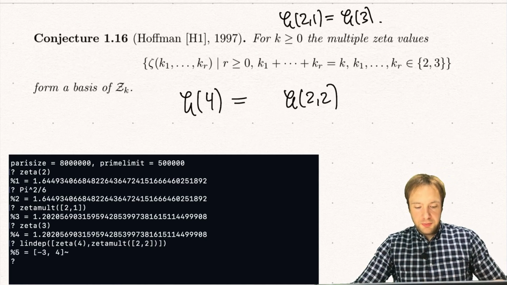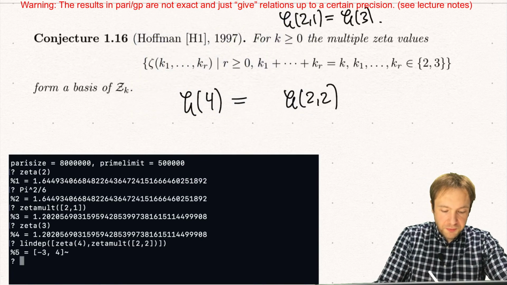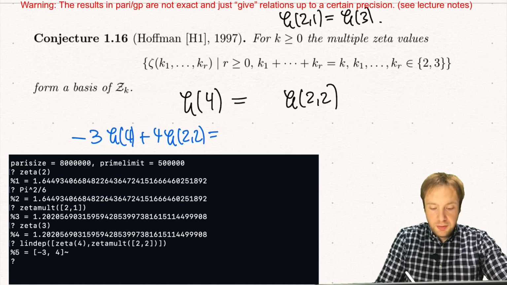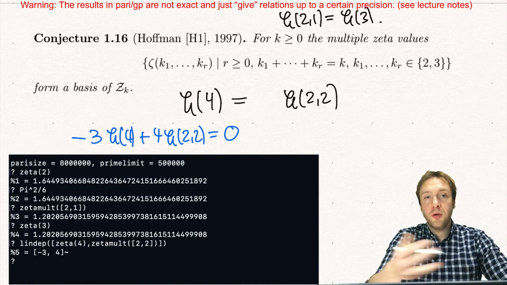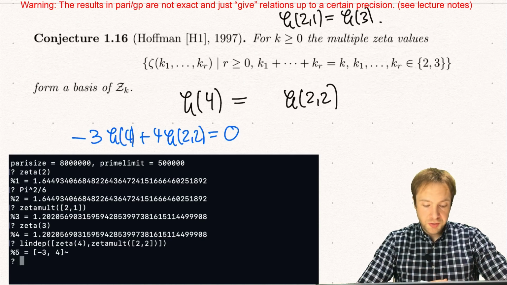This now tells me that minus 3 times zeta 4 plus 4 times zeta 2, 2 equals 0. So this always gives me the coefficients of a linear combination of the input which is 0.